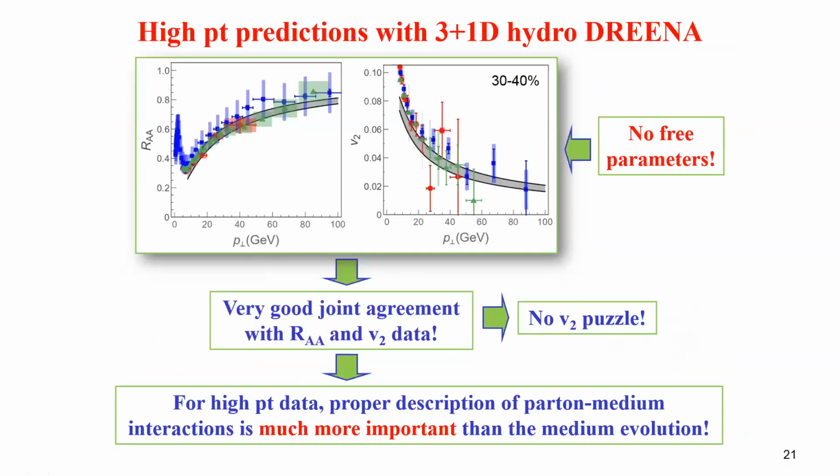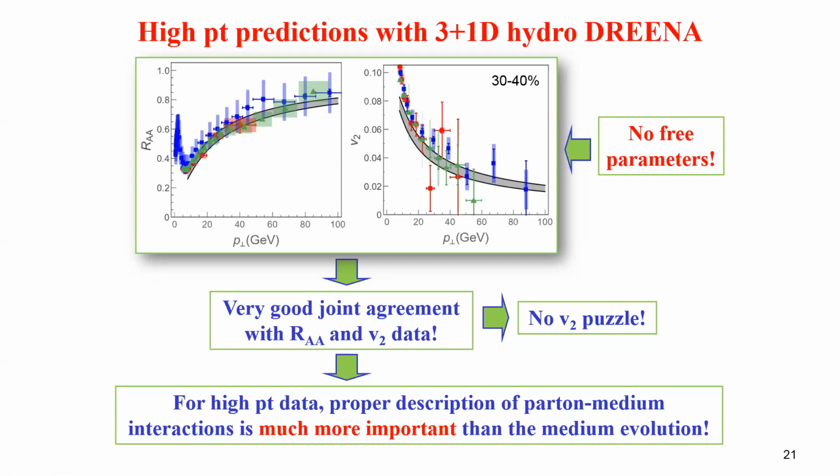Moreover, here we present our most recent development, which are our results obtained by the 3+1D hydro DREENA framework, where 3+1D is implemented into our DREENA framework. And contrary to all available models, we see a very good agreement for both RAA and v2 data, which are moreover obtained with no fitting parameters.